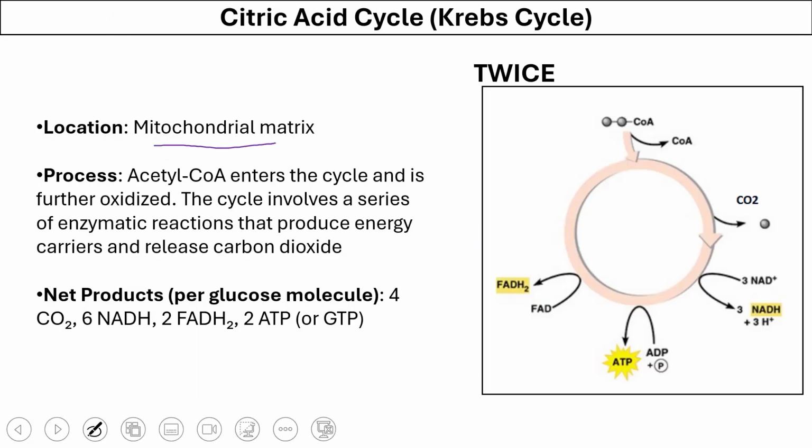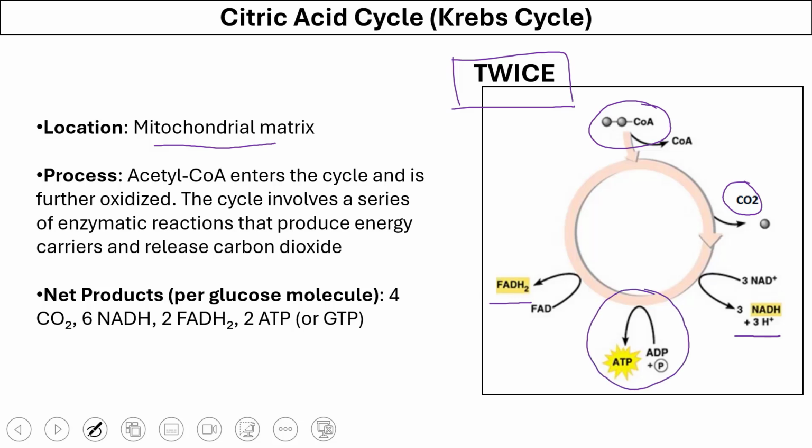The Krebs cycle also occurs in the mitochondrial matrix. As we had 2 molecules of acetyl-CoA to start with, this Krebs cycle will also occur twice. So all the products that we are seeing here will be doubled in net production. In the Krebs cycle, there is the release of carbon dioxide, and you have NADH here, FADH2 here, and some ATP is released in this process as well.